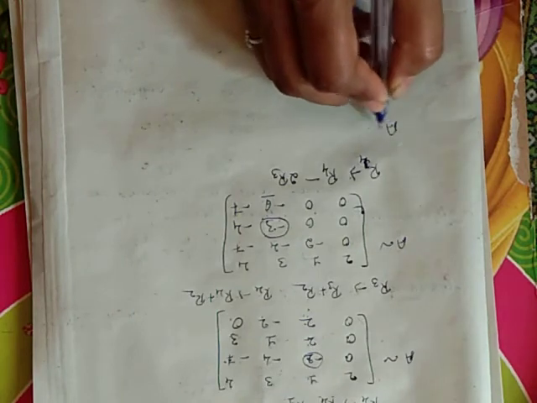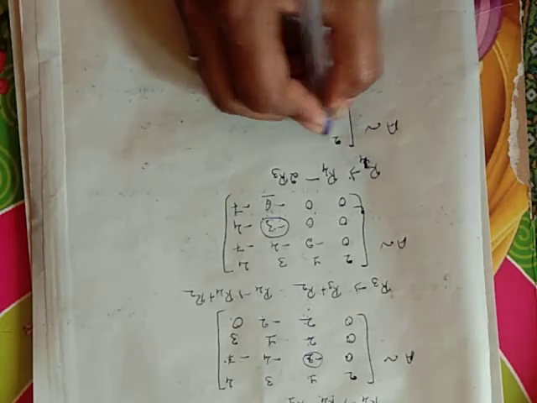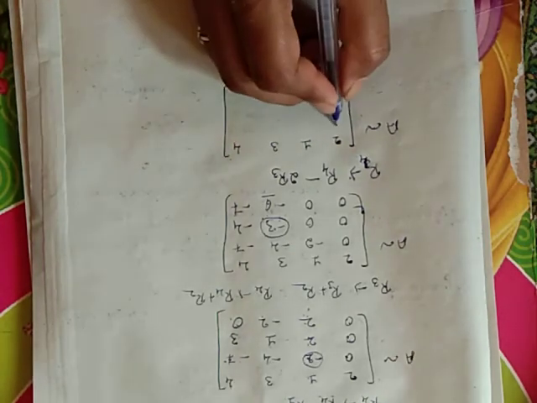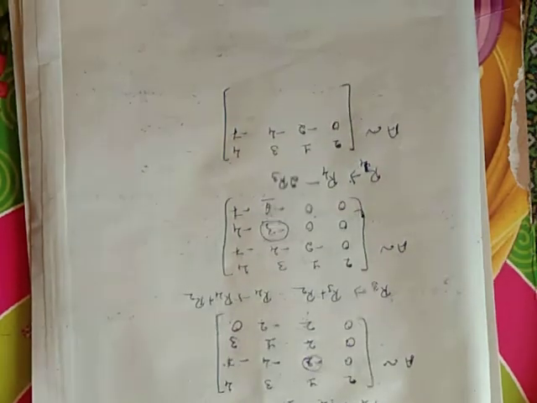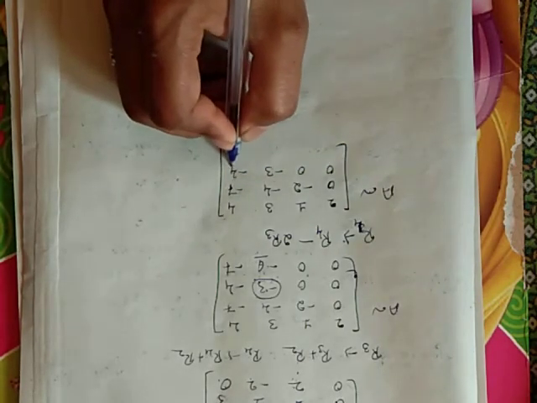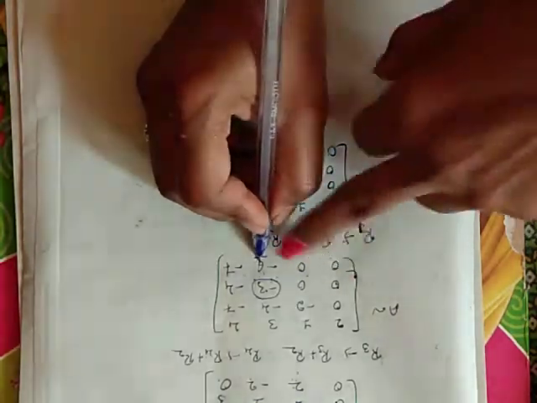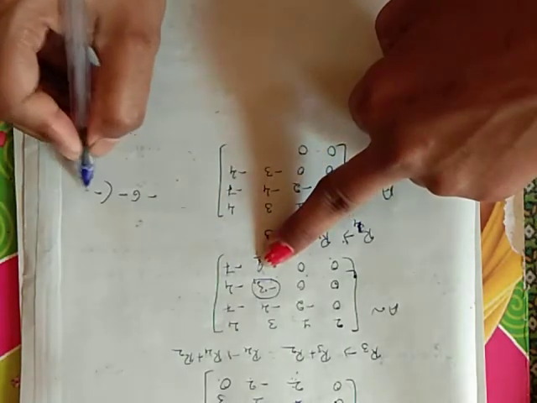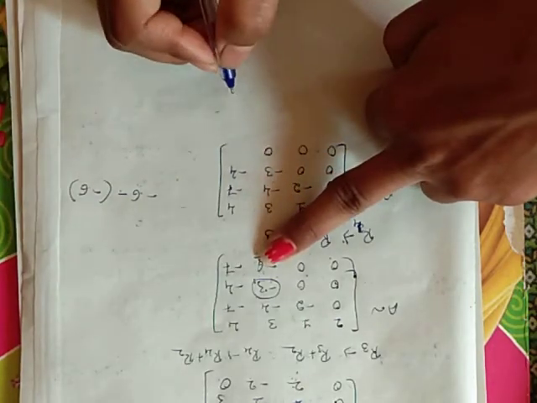Now the matrix A is equivalent to 2, 1, 3, 4, 0, minus 2, minus 4, minus 7, 0, 0, minus 3, minus 2. Now 0 minus 0, 0 minus 0, minus 6 minus of 2 into minus 3, minus 6 plus 6, 0.